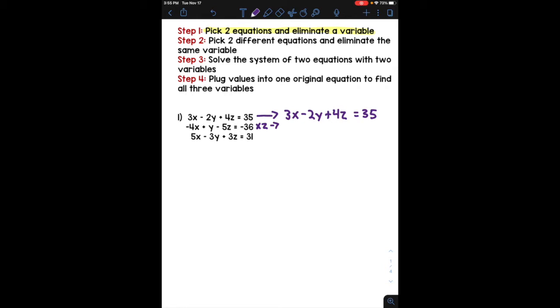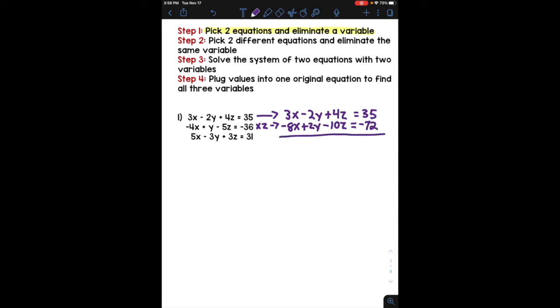Remember, you have to multiply every term in the equation, not just one, which will give us negative 8x plus 2y minus 10z equals negative 72.